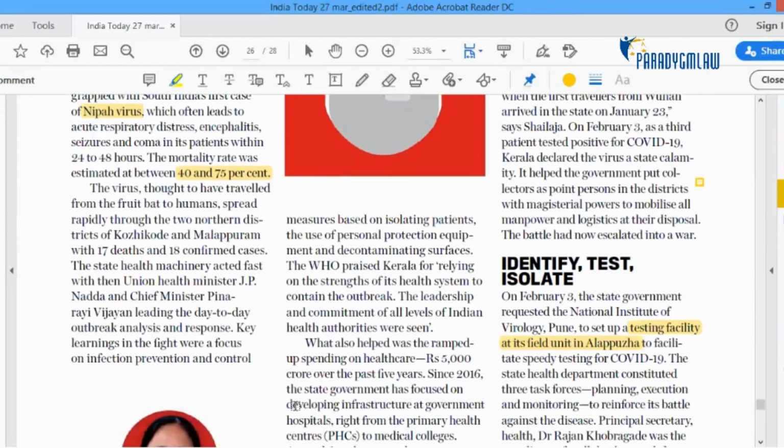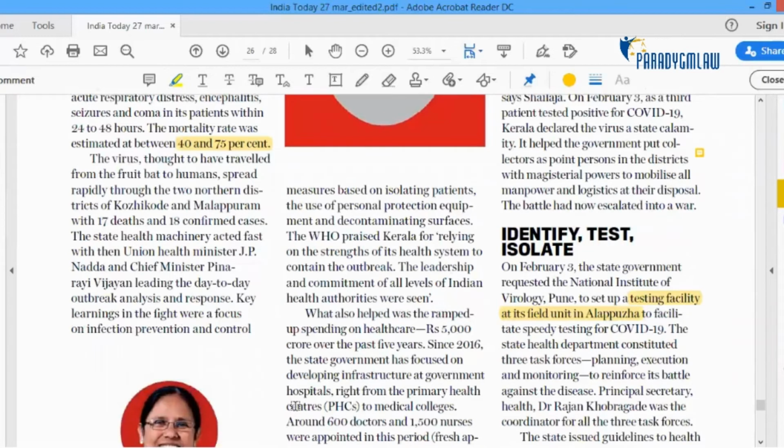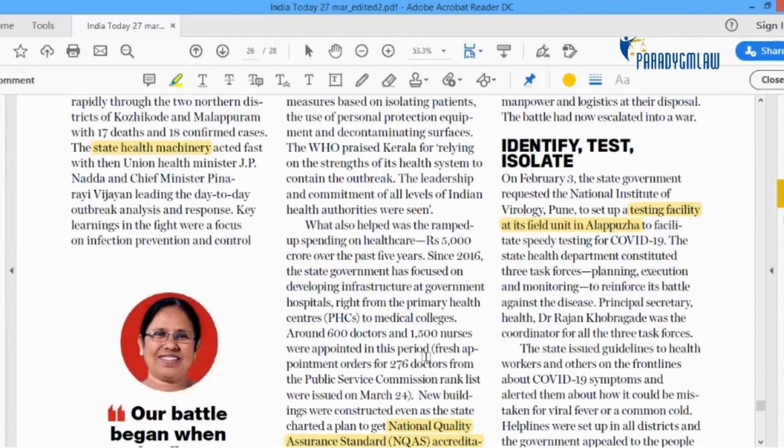So here the author is drawing our attention to the preparedness of the state health machinery, which acted fast. And the same people were in power those days. This is the first time the WHO had praised Kerala, the second one being the recent most.